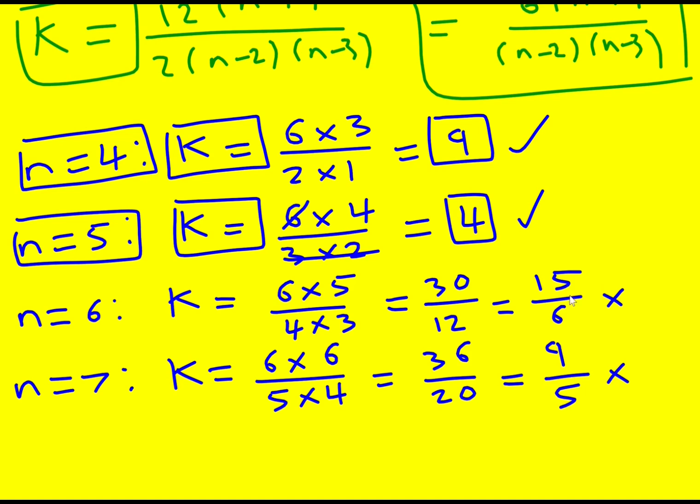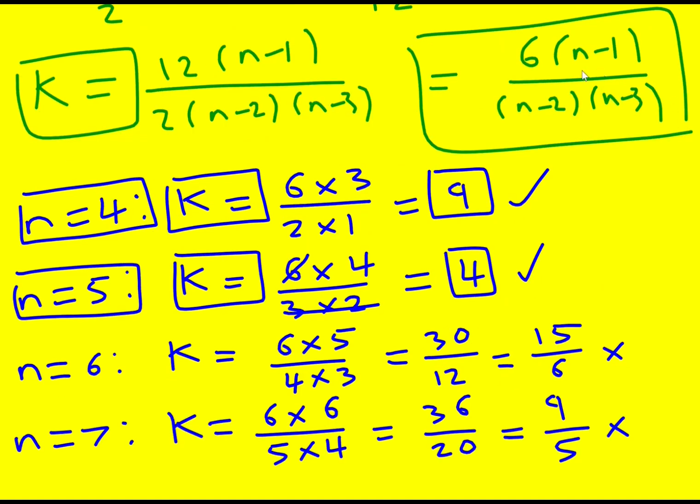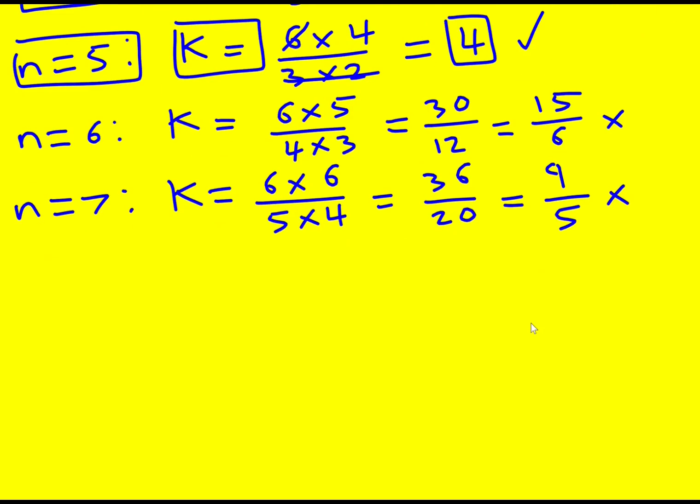Now notice it seems to be getting smaller every time. This makes sense actually because the bottom term is a quadratic. It's going to increase faster than the top term. And actually we're already less than 2, so the only real question left is if we can get k equal to 1. So as I'm getting closer, I'm just going to keep trying them.